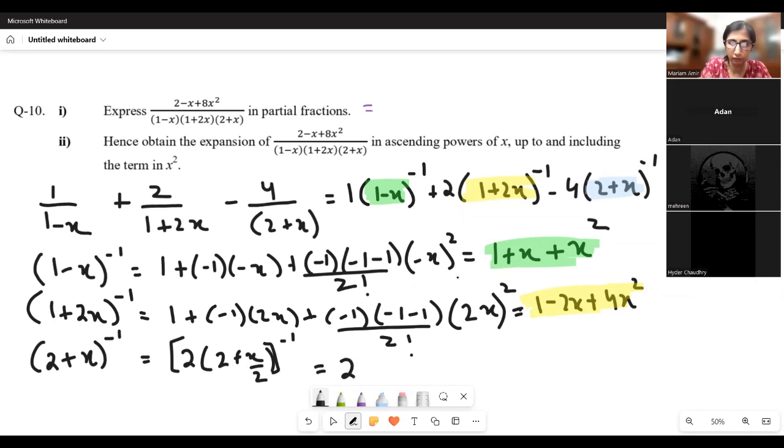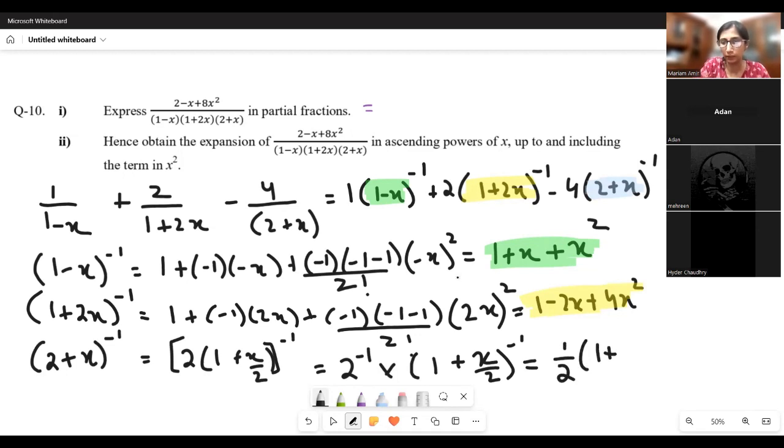So that is 2 power minus 1 times 1 plus x upon 2 power minus 1. When we took 2 common, we get 1 in the first part. Okay, so 2 power minus 1 is actually 1 upon 2. So half times 1 plus x by 2 power minus 1.